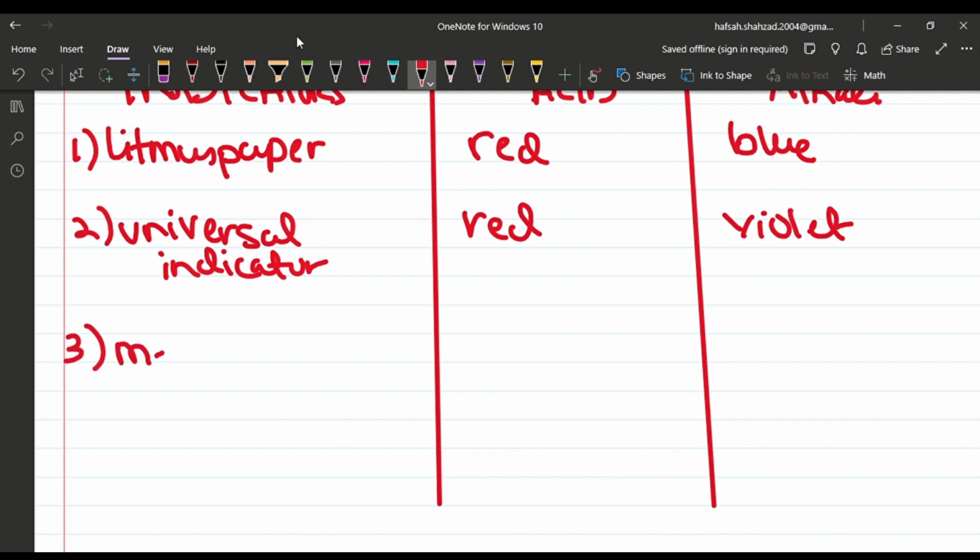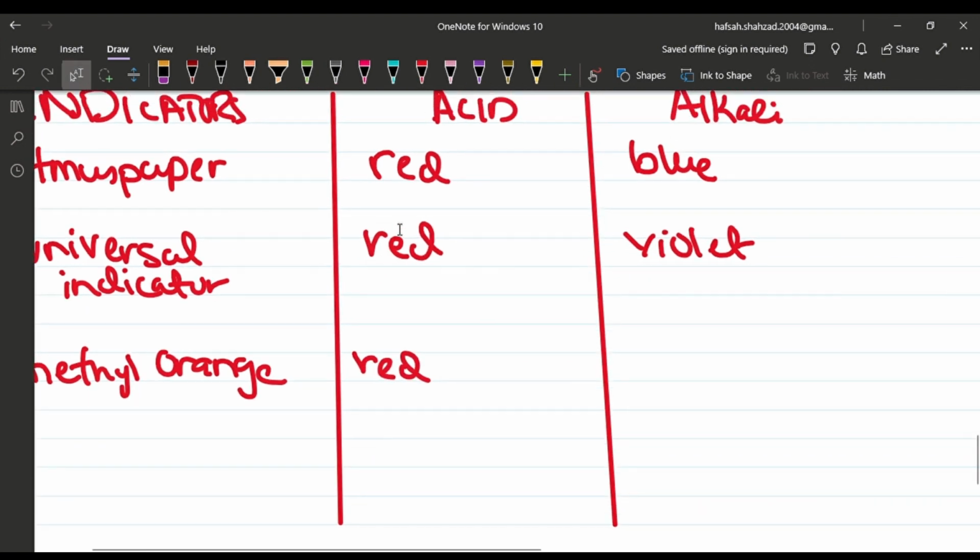So the third one is methyl orange. Methyl orange gives a red color in acid, and it gives a yellow color in your alkali.